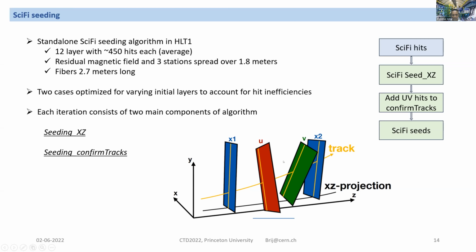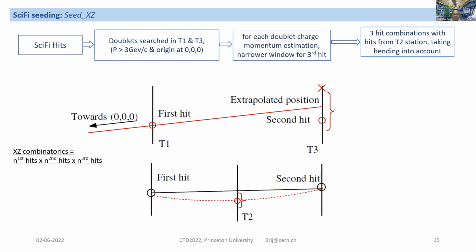So going to the details of the algorithm itself, from the SciFi hits, first we create the doublets. We search the doublets in the T1 and T3 layers, assuming the track originated at (0,0,0) with momentum greater than 3 GeV.